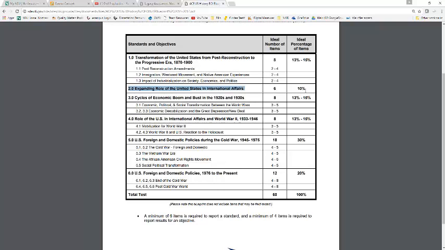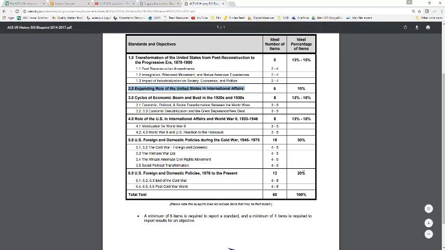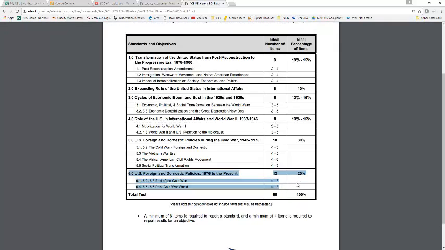So what happens then is we don't get to the end of this stuff down here, and we're lucky to get to the 1970s, and this stuff is not covered. So 20% of the material on the state assessment the student's never been exposed to, if we go by the way I used to teach.